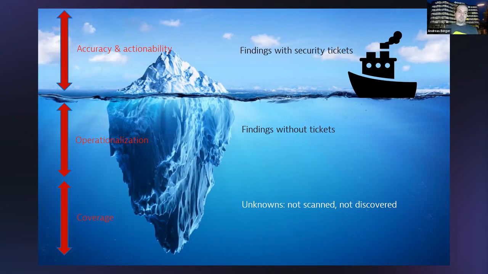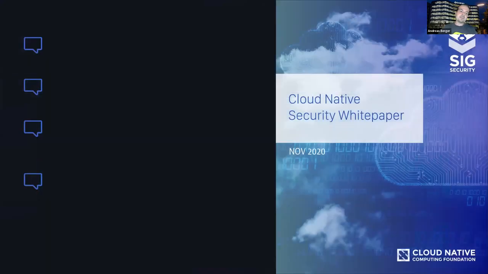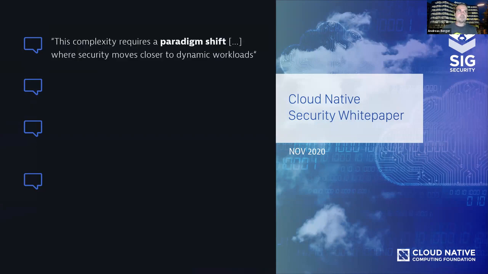Thanks, Andy. So moving on here, and responding to what you said about making security everyone's problem, I just want to hint back to the cloud native security white paper, because several elements there underline this thinking, right? There is this quote that security requires a paradigm shift. It needs to move closer to dynamic workflows.